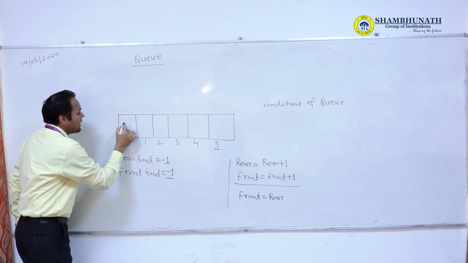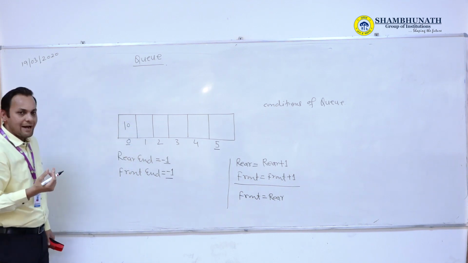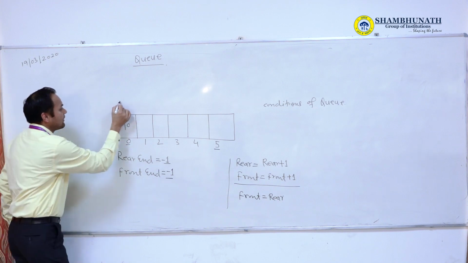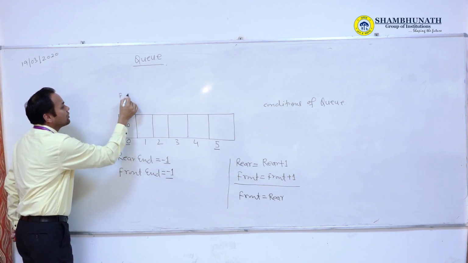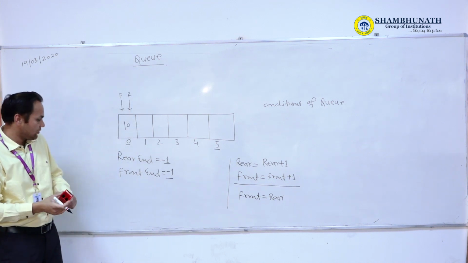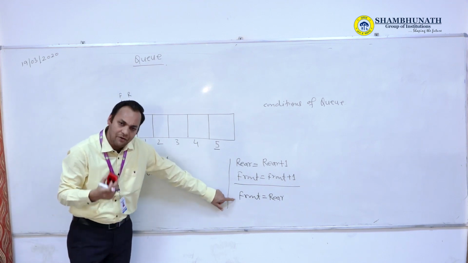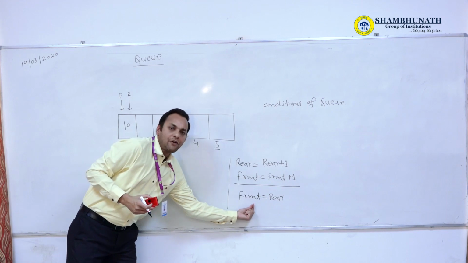Front equals rear. Example, if we are inserting the element 10, the exact positions of front and rear are both equal, because, as I already discussed, if there is only one element in the queue, front and rear will be equal.